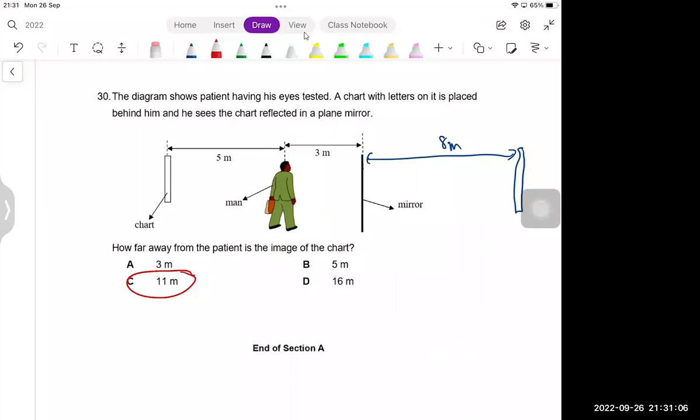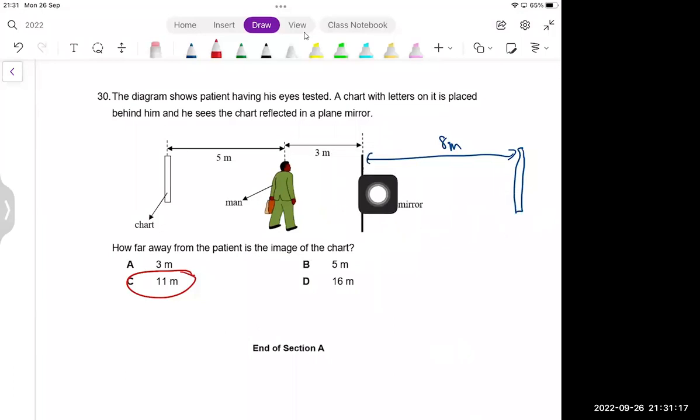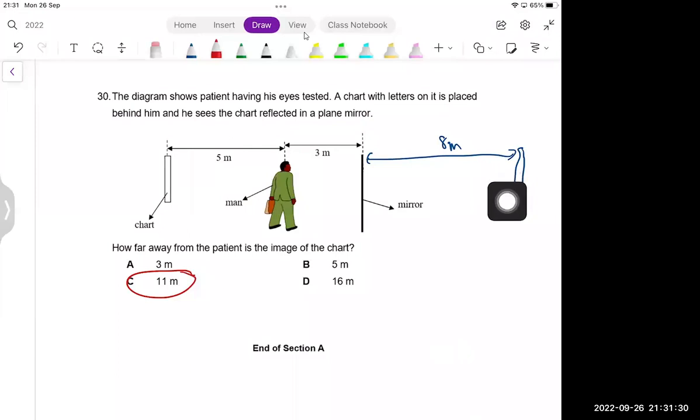Sorry, the definition is: the object to the mirror and the image to the mirror share the same distance. It's under reflection, right? Yeah, correct. I think I understand better.